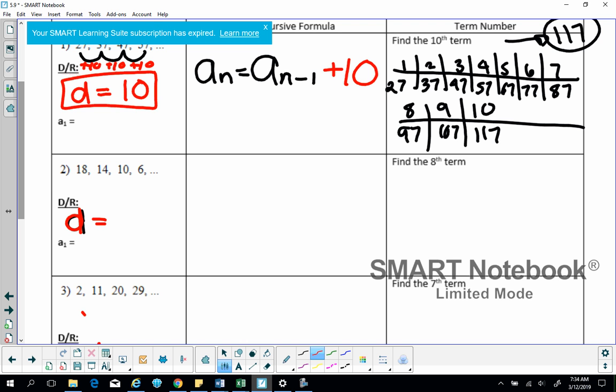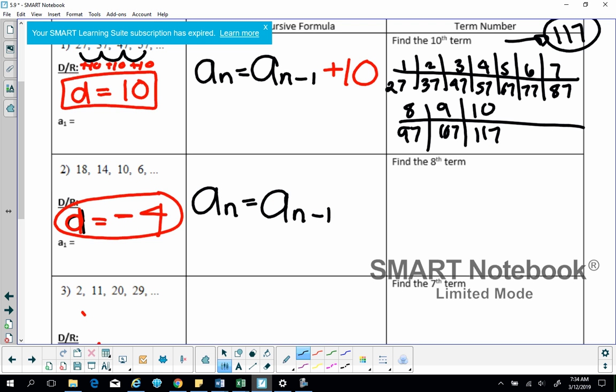So what is the difference here? Subtracting 4, right? Make sure, some people had +4. So it's subtracting 4. Now all you have to do is just write your equation. Remember, you don't have to fill anything in except for the D. What is my D? Yep, or -4.